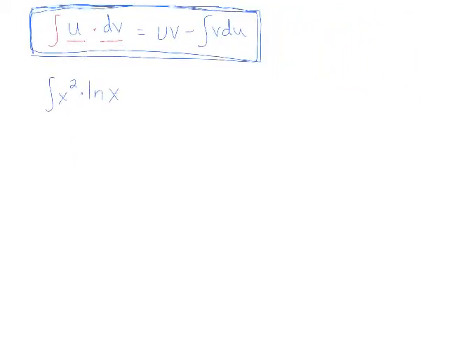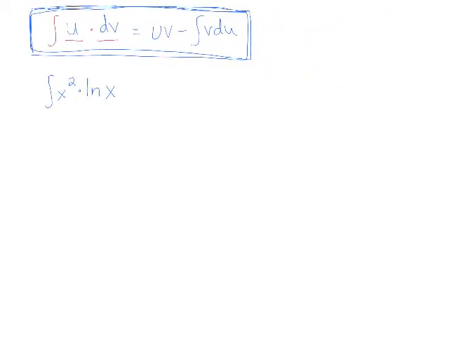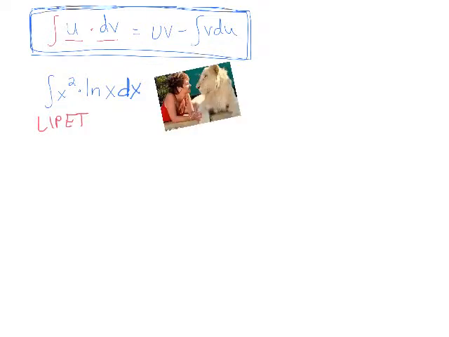So, when we're doing integration by parts, usually at this point what we've figured out is that, let's put the dx in there, substitution isn't working for us, and so we need to try some other approach. So the first thing we do is we go to our LIPET mnemonic, L-I-P-E-T, and we go through this order and see if any of our two pieces fit into this.